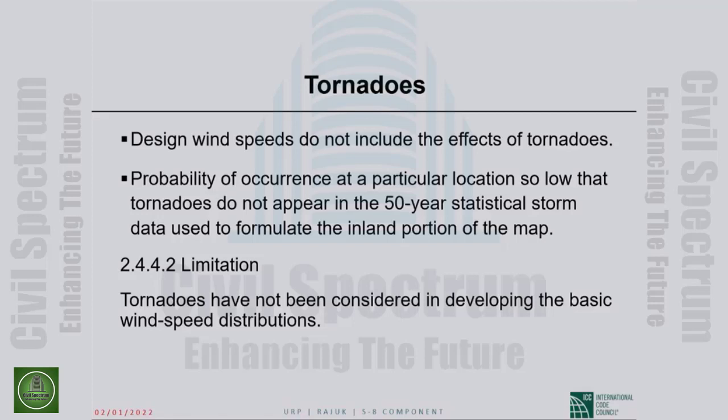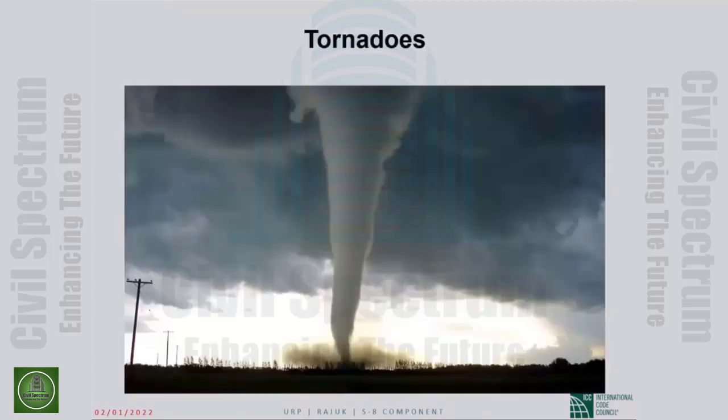The chances of a particular location being hit by more than one tornado is pretty remote, and because of all these reasons, in 50-year return period wind speed, tornadoes simply do not feature. They are too localized. So tornadoes have not been considered in developing the basic wind speed distributions.